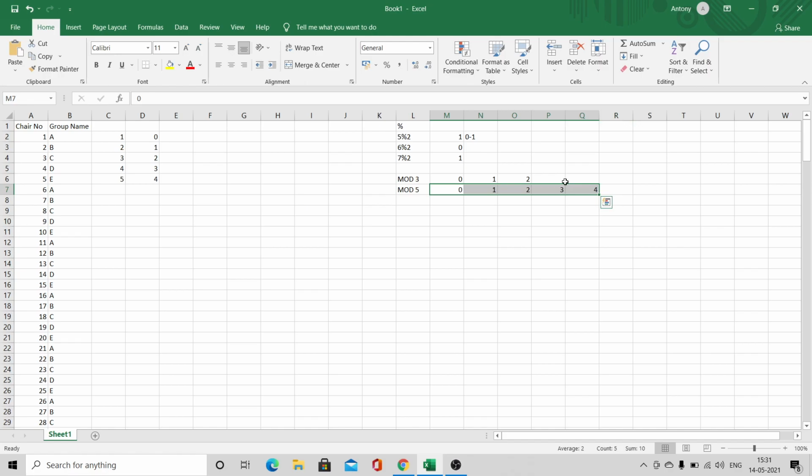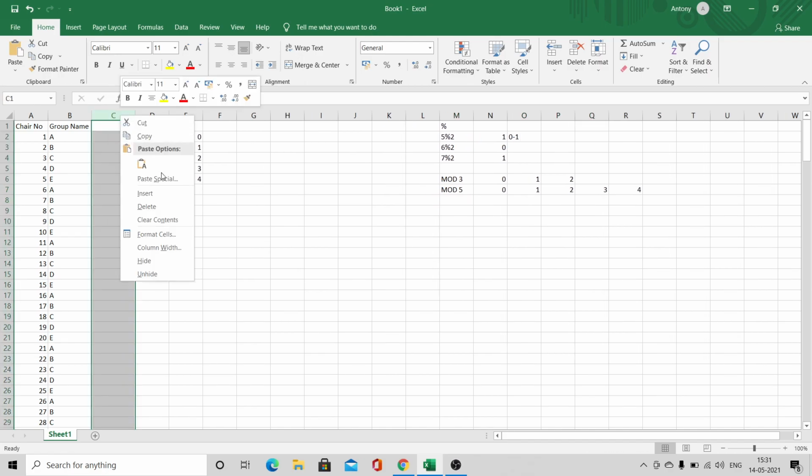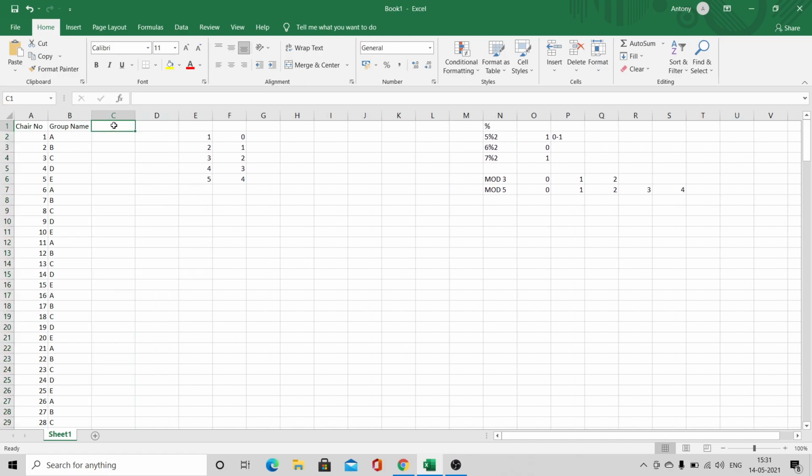I hope it is clear. Okay. Now, you all know that this A is a character, right? So it does have an ASCII value. The ASCII value corresponding to A is 65, right?